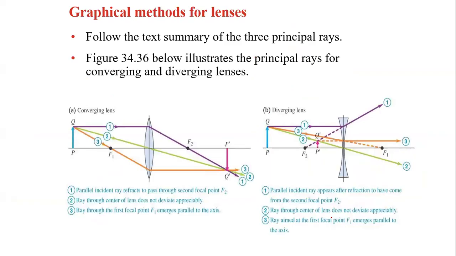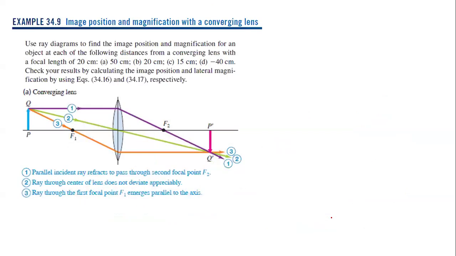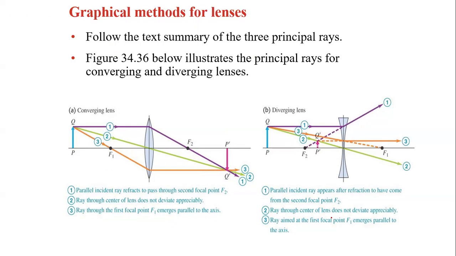So aside from those calculations, we can also get the position as well as the magnification using what we call the graphical method. For a converging lens, we have three principal rays.